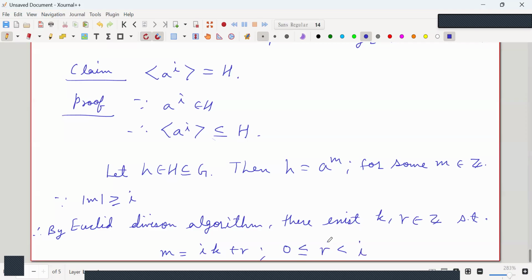So r should be positive, but k can be negative, right? That's why this is needed, because as I said, you cannot write 2 as some k times 5 plus r if r is positive.